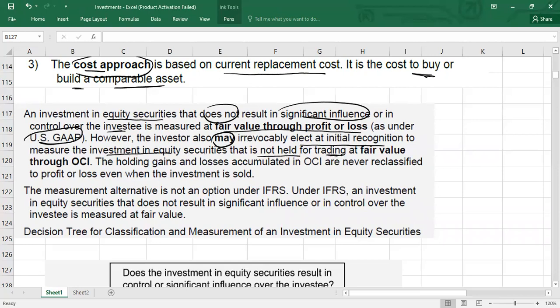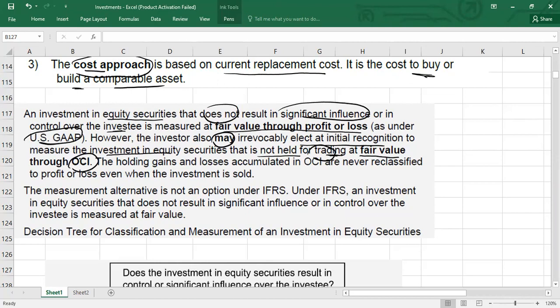In short, if your investment is not classified as held for trading, investors can also select the accounting policy to record the investment at fair value through OCI. Earlier we took the changes in fair value to the income statement.